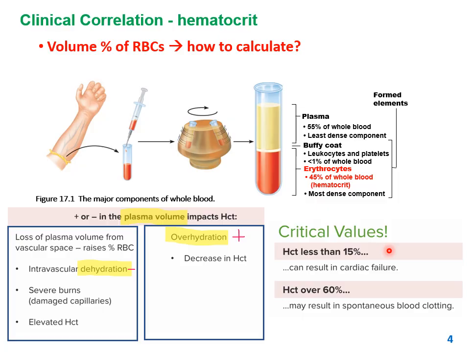You don't want to increase your hematocrit too much, and you don't want to decrease it too much either. If your hematocrit count drops to less than about 15%, you have big trouble, because you're not going to have enough blood cells to carry oxygen to the tissues, and you're going to end up with cardiac failure.